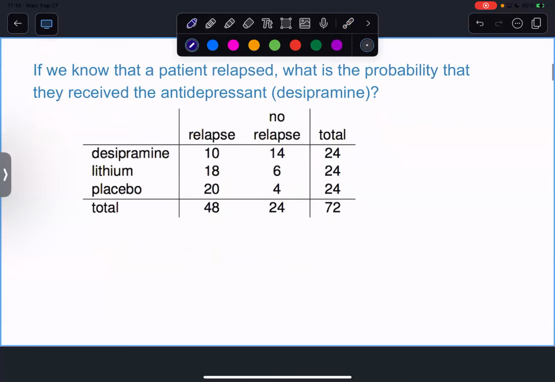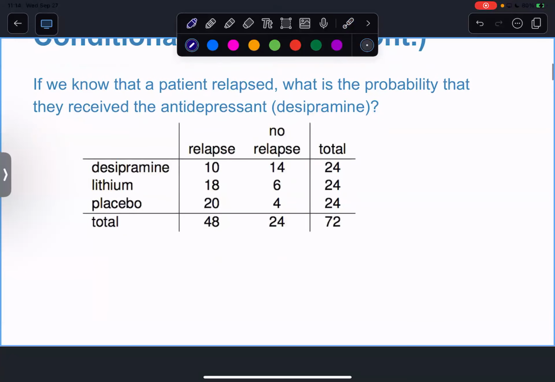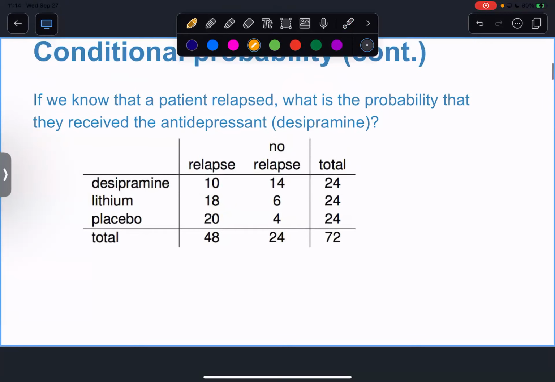So dealing with the fractions first, the first thing I have to do is map out what event happened first, or what's the given information, and then what's the thing that we want to talk about. And so here, if we know that a patient relapsed, that is the given.